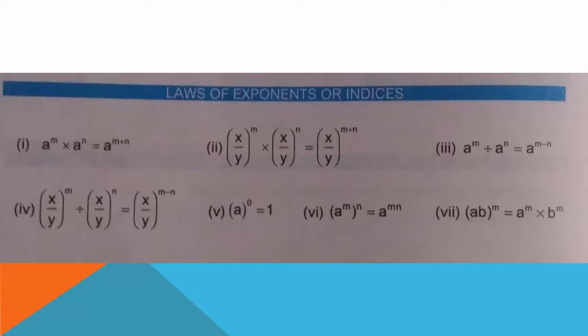If there are two bases multiplied with each other and there is one common exponent over them, then we can write it as the first number to the power the exponent multiplied by the second number to the power the exponent. So here it is given ab whole to the power m will be equal to a to the power m multiplied by b to the power m.